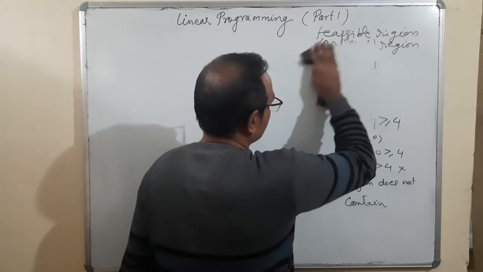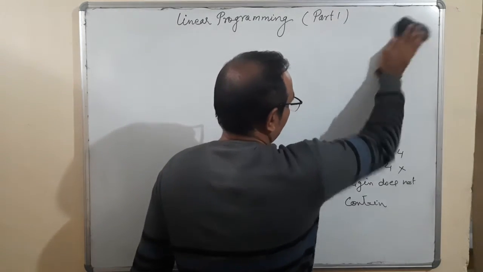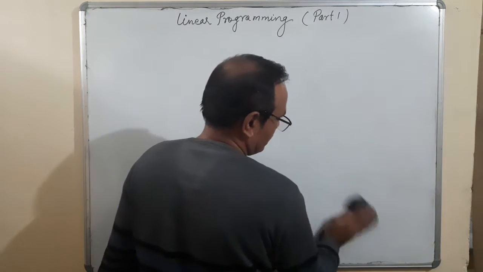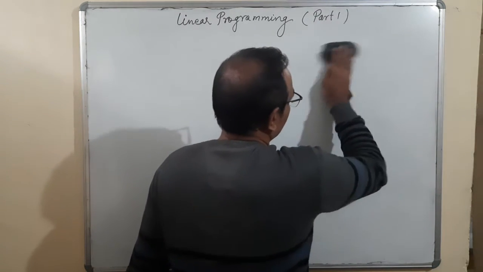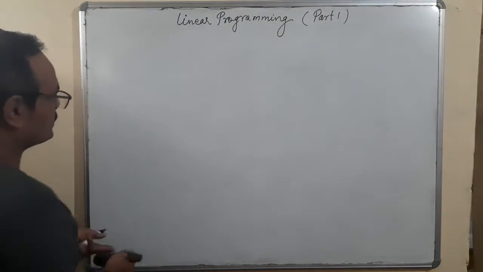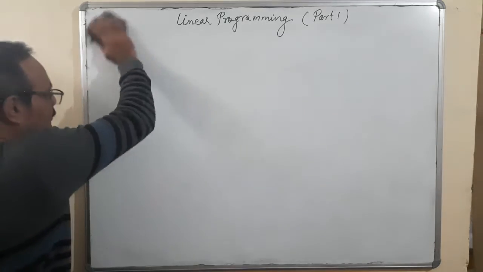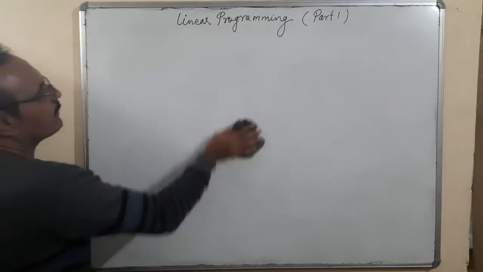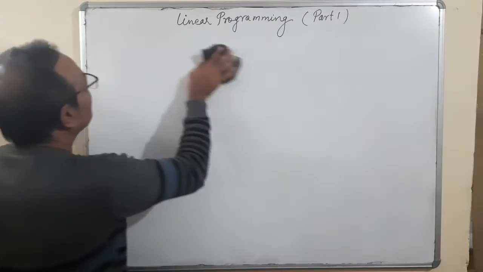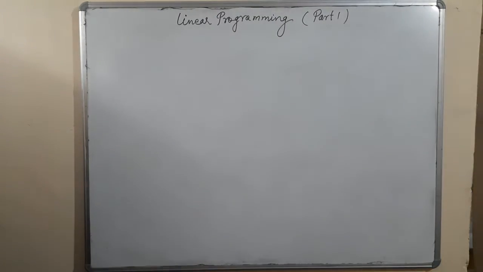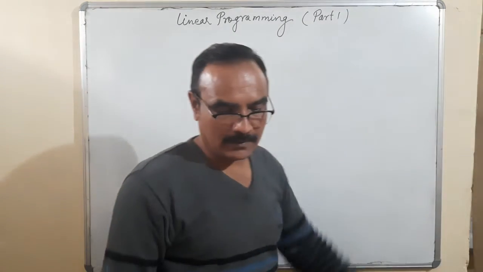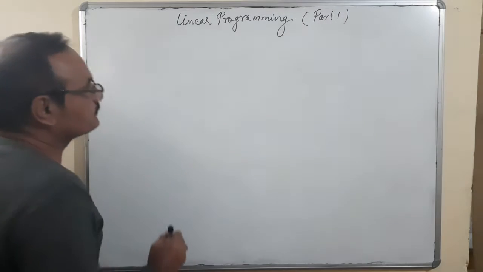With the help of these constraints, we are going to find out the maximum or minimum value, and this work will be done on graph paper. So when you are practicing this chapter especially, keep a graph copy, graph paper, with you.